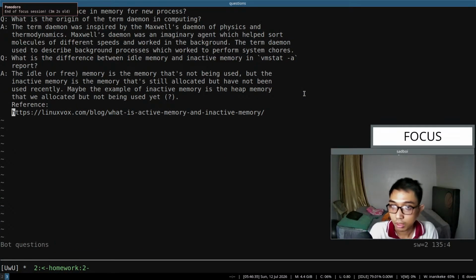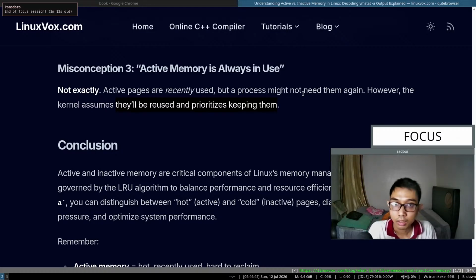Now I wonder if we allocate the heap memory, is it going to be in the active memory or inactive memory?